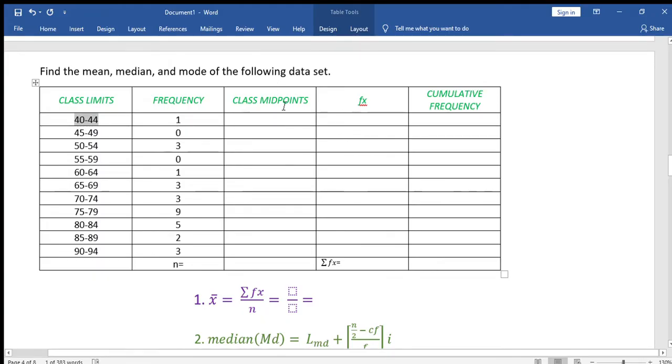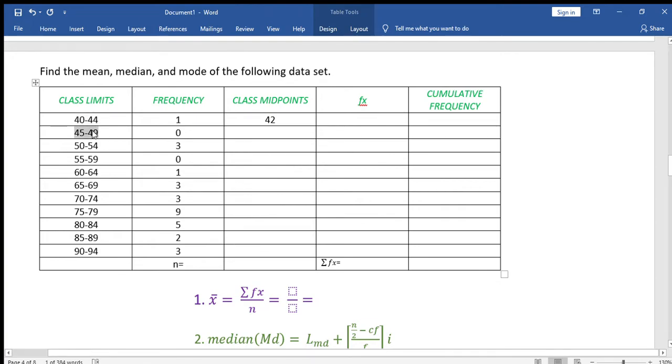So the midpoint of 40 to 44 is 42. Why 42? Because you add 40 plus 44, which is 84, then divide by 2.